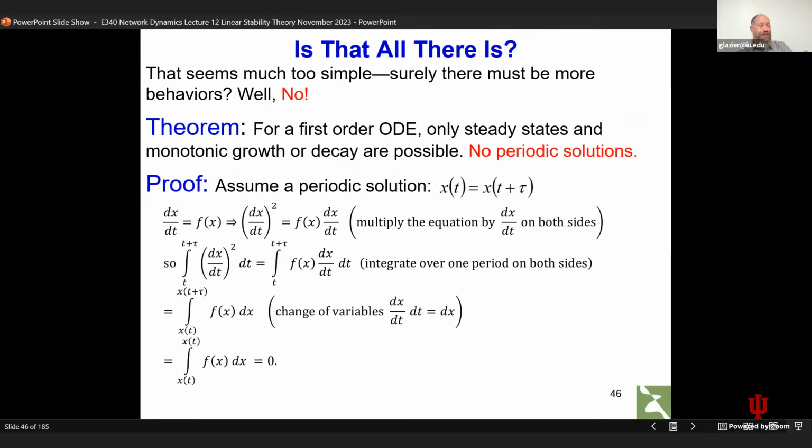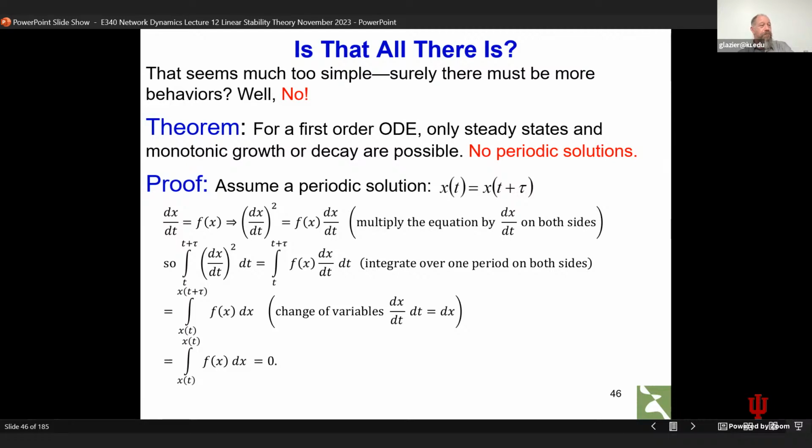So let's suppose that our time series x of t is periodic. That means that x of t is equal to x of t plus tau. There's some period, right? That's what we mean by periodic. Okay. And we know that dx by dt is f of x.